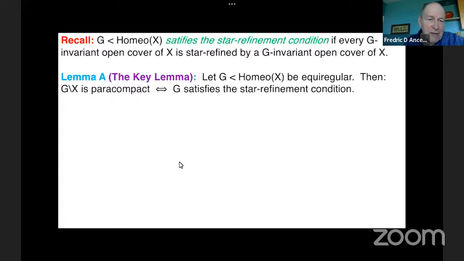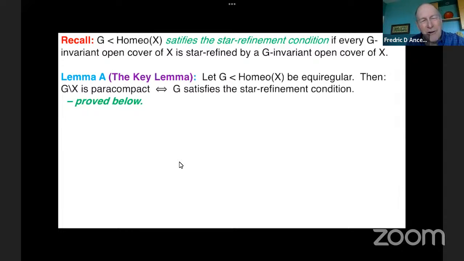In other words, I can take a G invariant open cover and find a star refinement that's G invariant. And actually, I guess realizing that this was true was sort of the motivation for all this work. This is the lemma. And so let me just briefly describe, maybe you can see it already. Why is this the key?